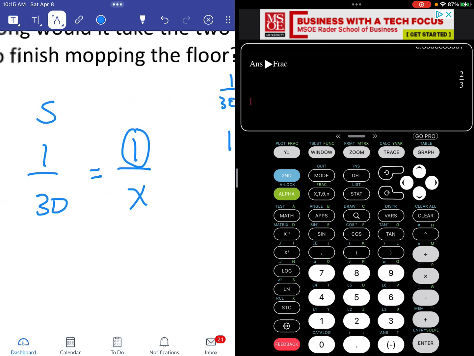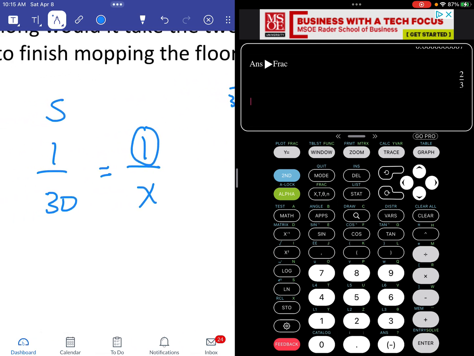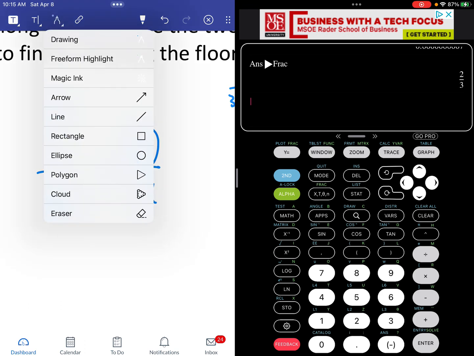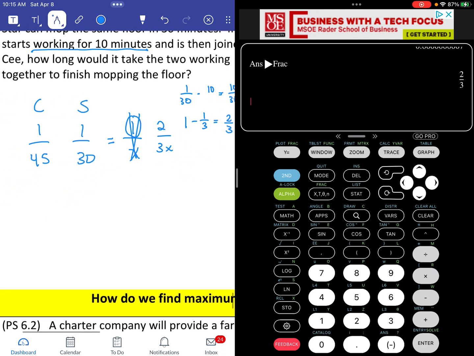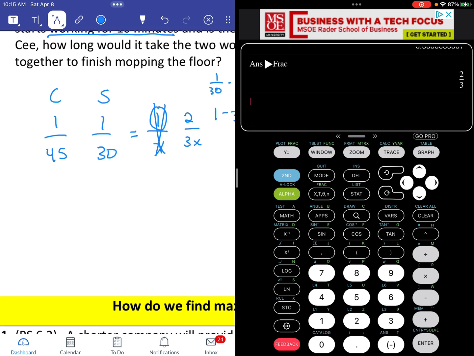So how we rewrite this question is we're going to take this away for right now, and we're going to put in 2/3 over x. That becomes our new fraction for what's got to be done.